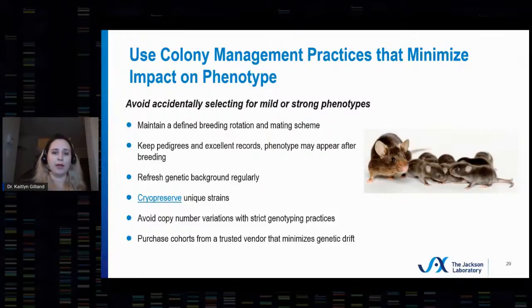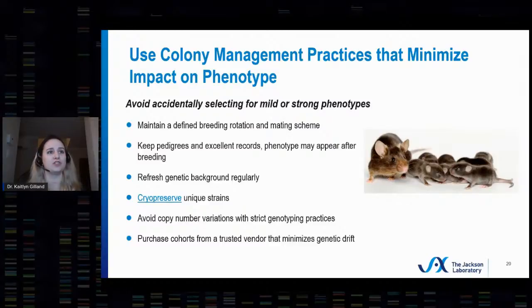In summary, I want to touch on a few things that will help with your colony management practices in order to minimize the impact on phenotype. You want to avoid accidentally selecting for mild or strong phenotypes. You can do that by maintaining defined breeding rotations and mating schemes, and keeping a pedigree book, or I know a lot of people use Excel spreadsheets now.